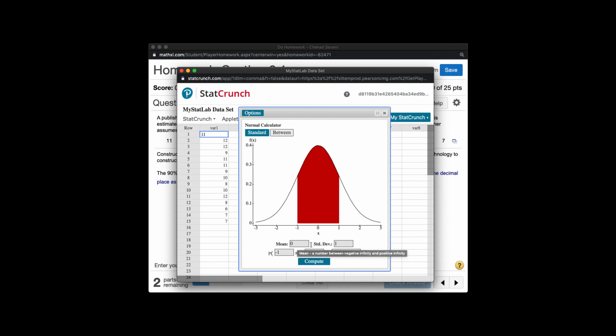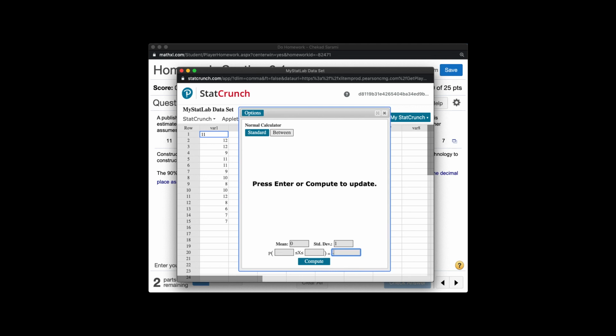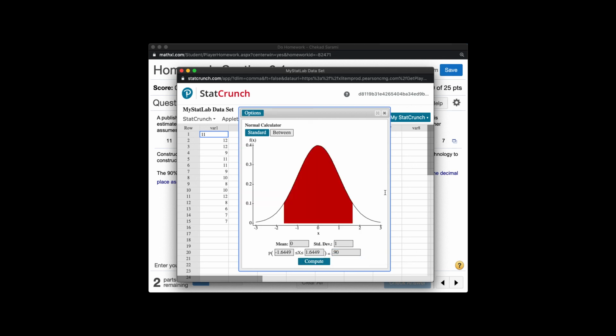So here we have 0.90. All right, and then we would like to see what the upper and lower limits are, right? So these are the values that we get, as we expected: negative 1.645 to positive 1.645.